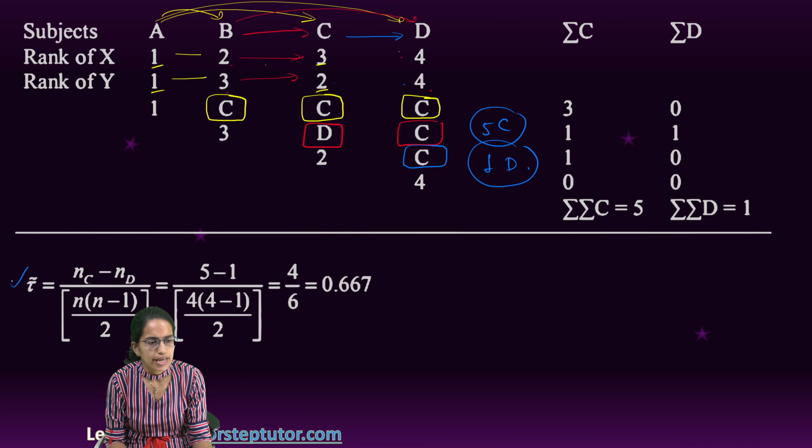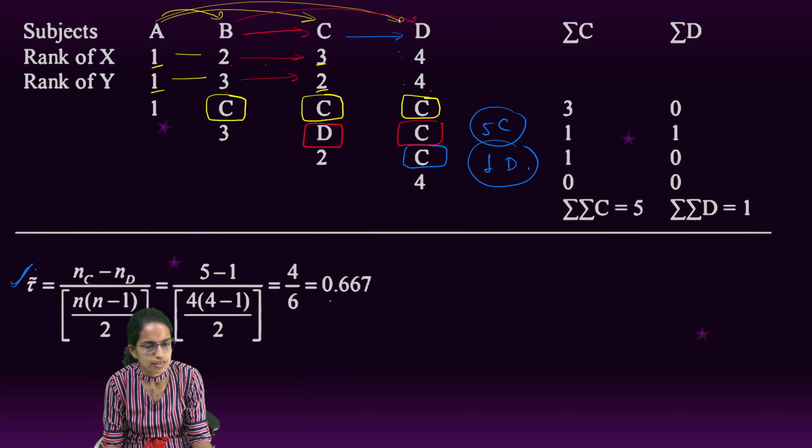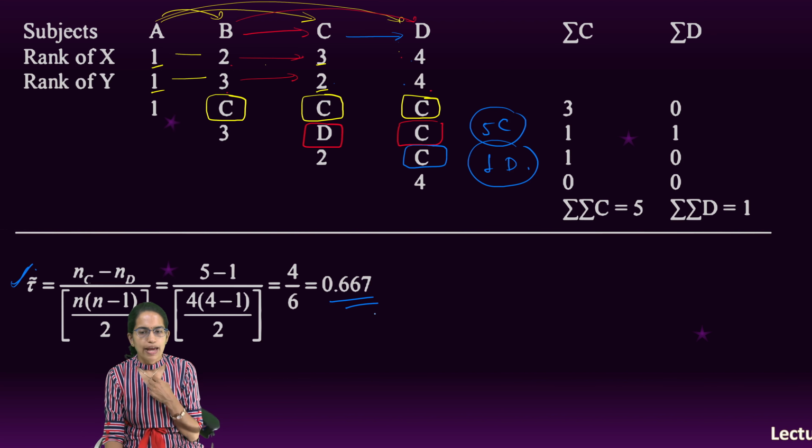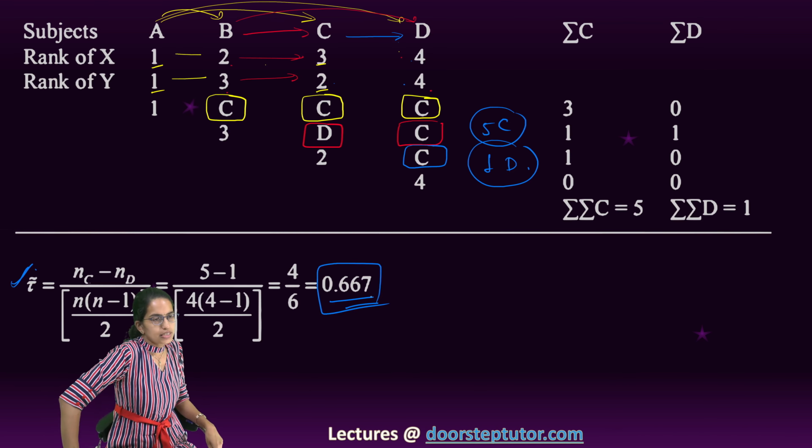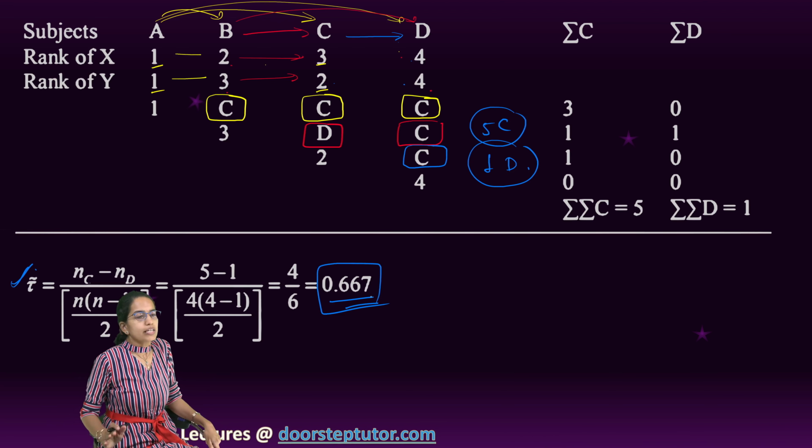Now I can apply this in the Kendall's Tau formula: 5 minus 1 divided by 4 into 4 minus 1 divided by 2, which is 4 divided by 6, which is 0.66. My value becomes 0.66, and that's the correlation, and that's how we find Kendall's Tau.